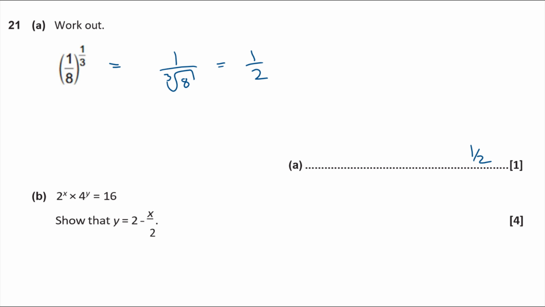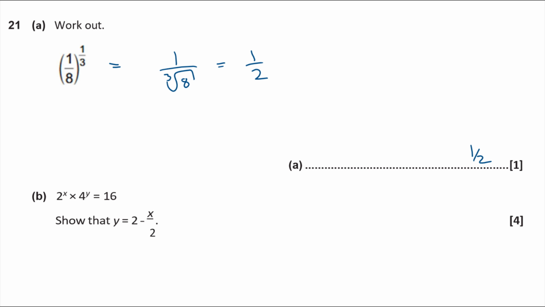And then we've got 2 to the power of x times 4 to the power of y is equal to 16. Show that y equals 2 minus x over 2. Okay. Now 2, 4 and 16, these are all powers of 2, aren't they? 2 is 2 to the power of 1, 4 is 2 squared, 16 is 2 to the power of 4.